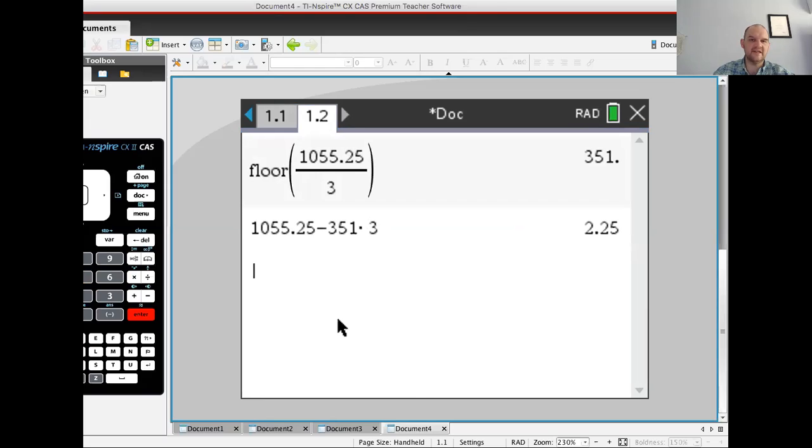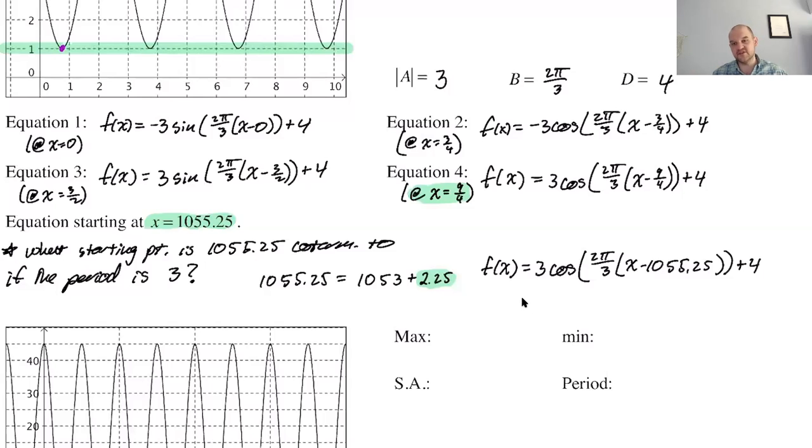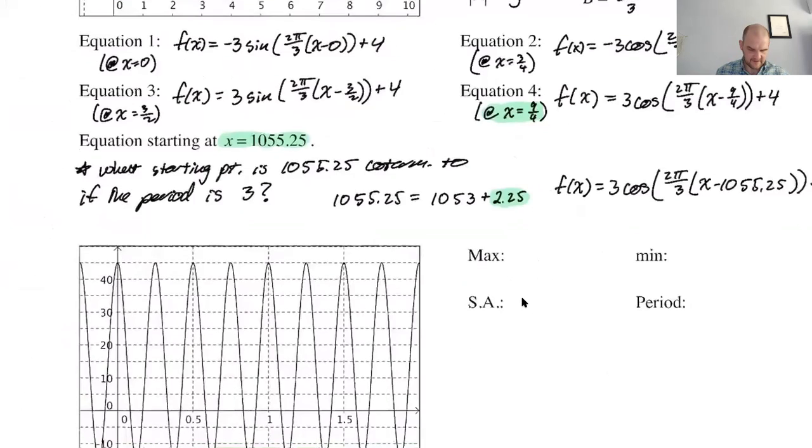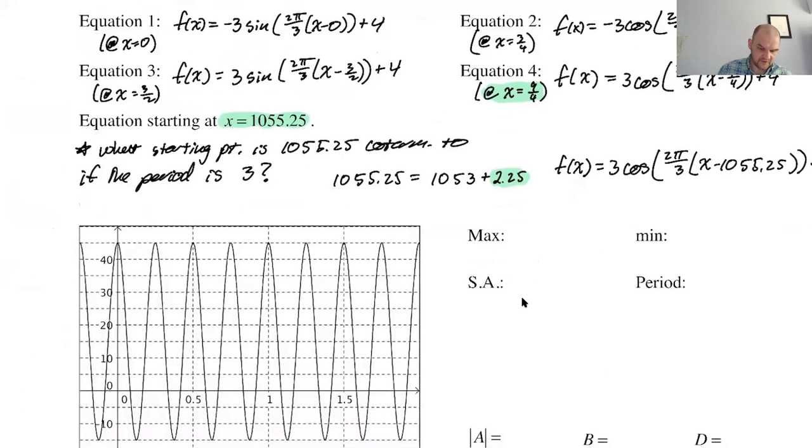So you could also have done that. I thought in this case, I know it's a trick, the pattern of numbers that are divisible by 3, the sum of their digits is also divisible by 3. Since I knew that, I was able to break it up into the closest multiple of 3 that I could find, which was 1053, and then whatever's left was the coterminal.